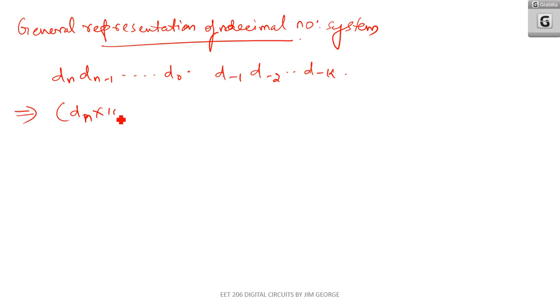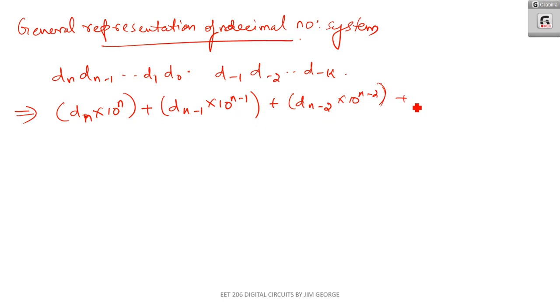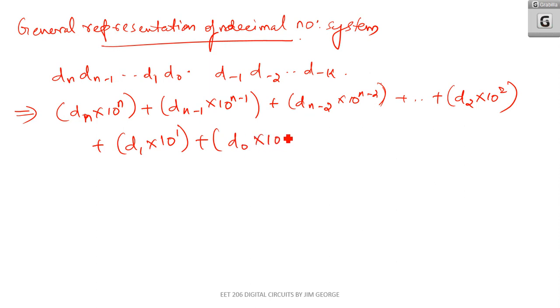dn into 10 power n plus d(n-1) into 10 power (n-1) plus d(n-2) into 10 power (n-2) plus etc. plus d2 into 10 square plus d1 into 10 raised to 1 plus d0 into 10 raised to 0.